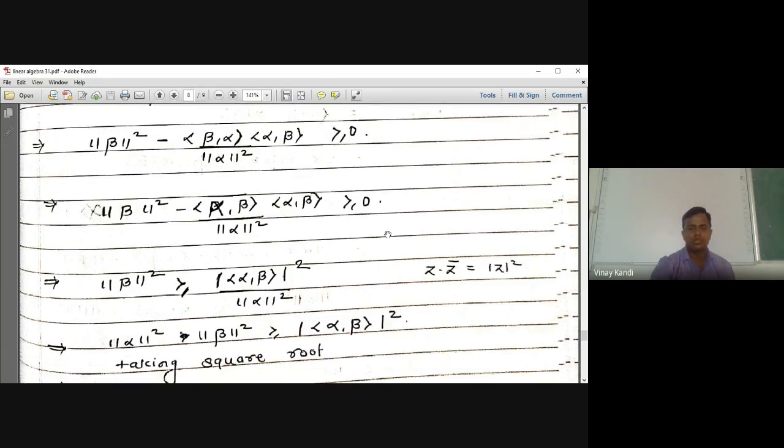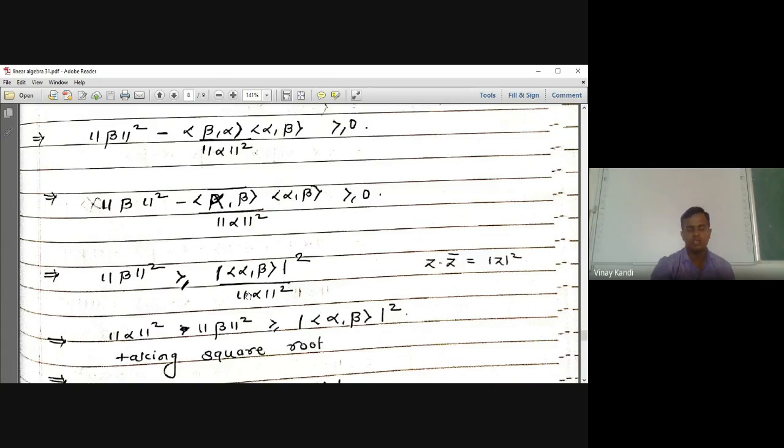Now here the norm of alpha is in the denominator, so it moves towards the left side. Then it implies norm of alpha square into norm of beta square is greater than or equal to the mod of the inner product of alpha beta square.